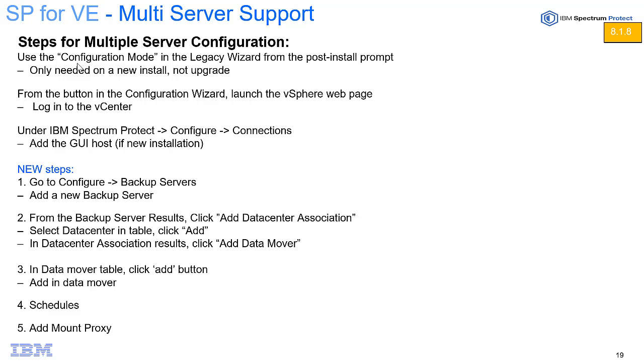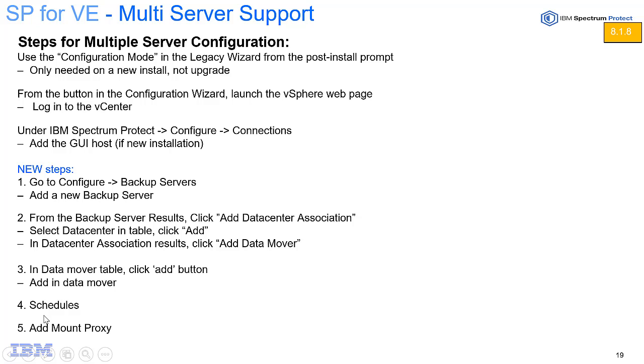Once you're in the vCenter, you're going to go into IBM Spectrum Protect, configure connections. That's where we start with the new steps: we go to configure backup servers, add a new backup server, and then add data center associations and data movers. Then we'll look at the schedules, and finally we can add in Mount Proxies.